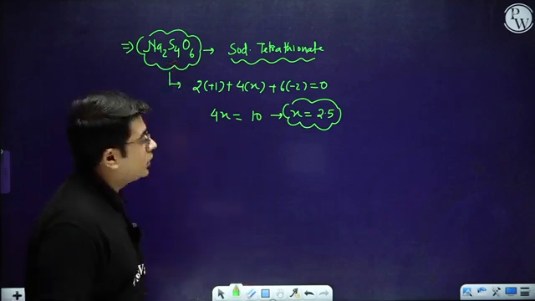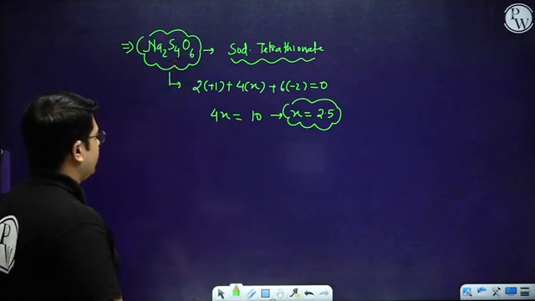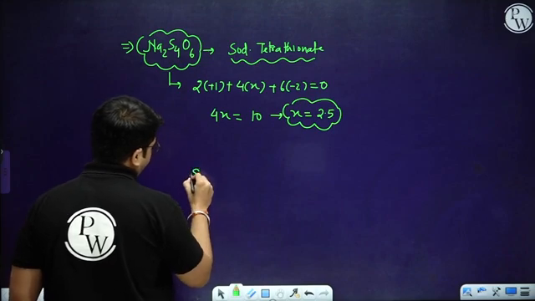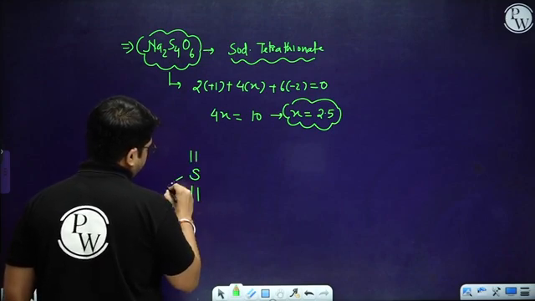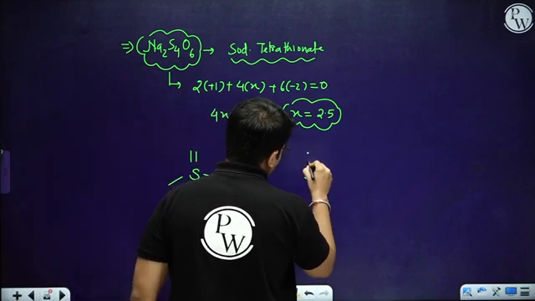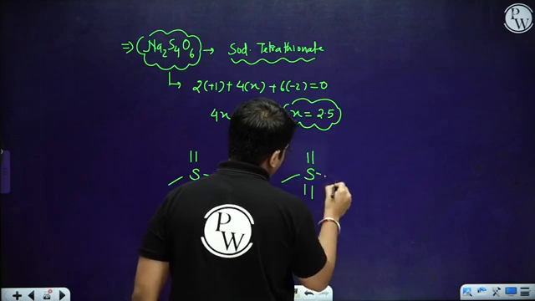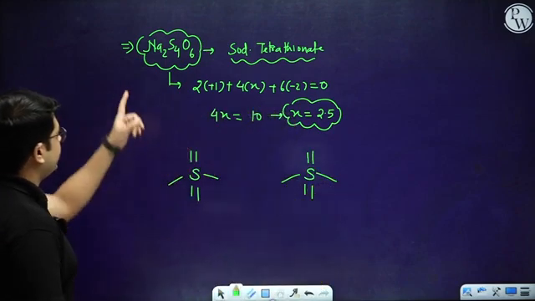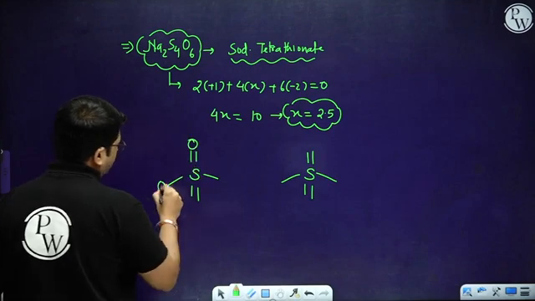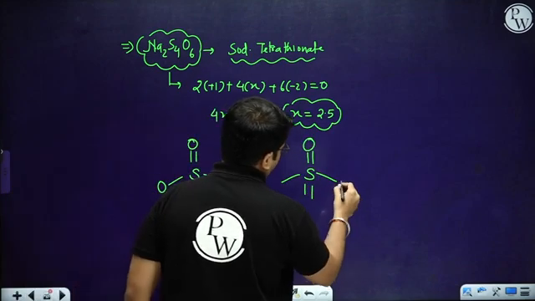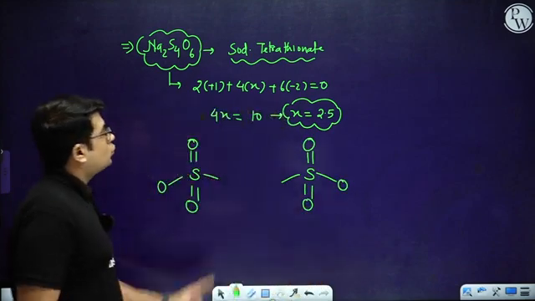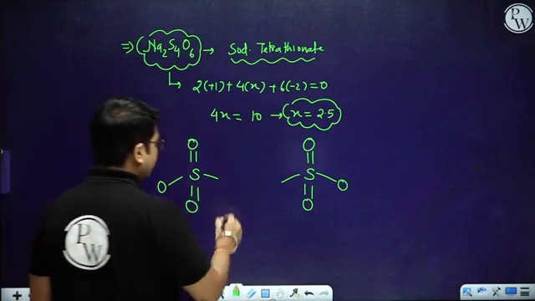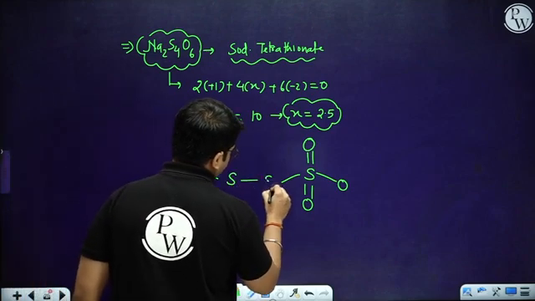If I want to calculate the actual part, I have to draw the structure. So we have a sulfur, double bond, single, sulfur, double bond, single and single. In this case, 6 oxygens are there, 1, 2 and 3, 1, 2 and 3. Now 2 sulfurs are already only remained. So this sulfur and then sulfur.